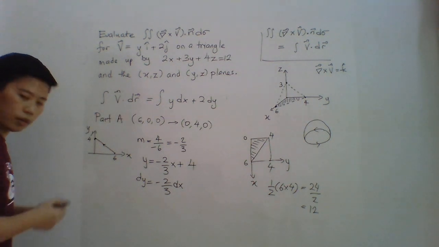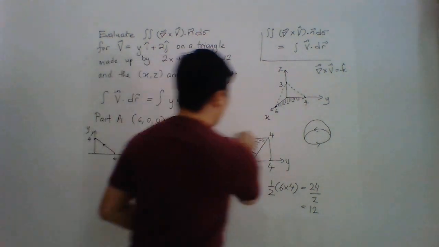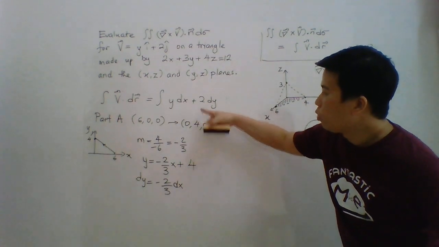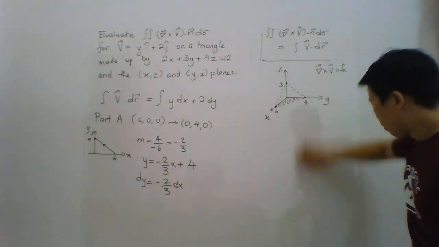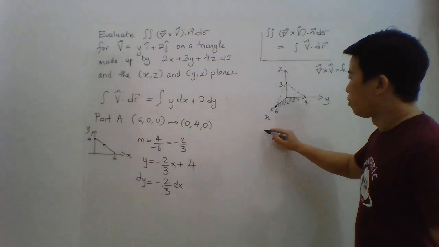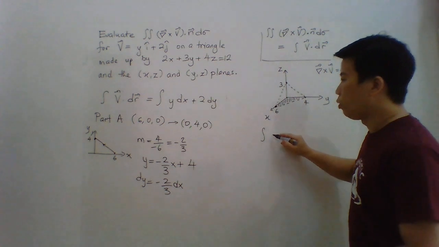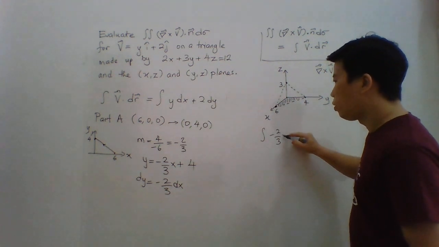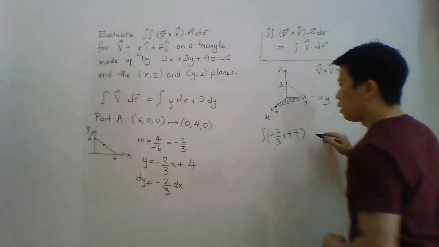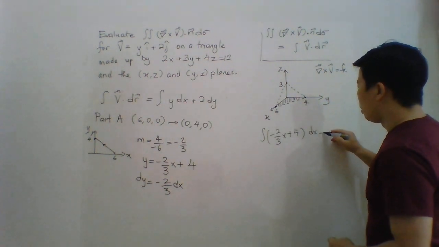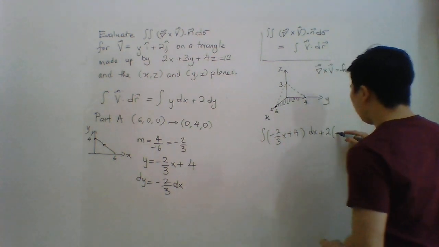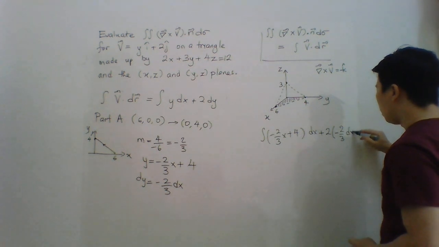So here you will replace y and dy into this equation, so that now you will have y, this is going to be minus 2 over 3x plus 4 dx, so dx we will retain, plus 2 dy, so dy is going to be negative 2 over 3 dx.